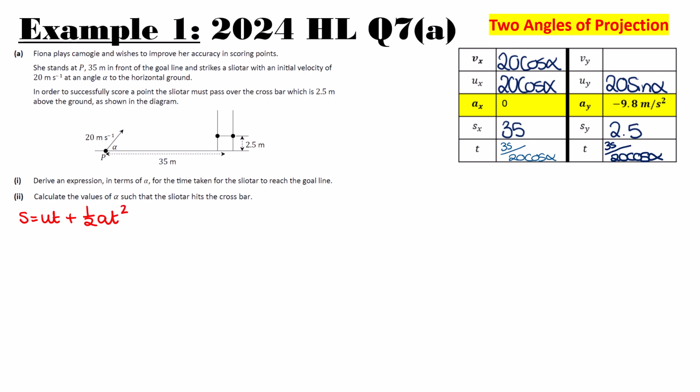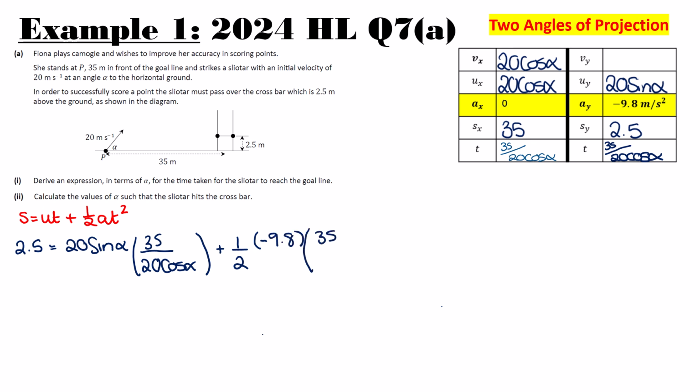And I fill in all the information, which is 2.5 equals 20 sine alpha t. Actually, instead of t, we're going to put in our 35 over 20 cos alpha, plus a half a, which is minus 9.8, and t squared, 35 over 20 cos alpha squared.